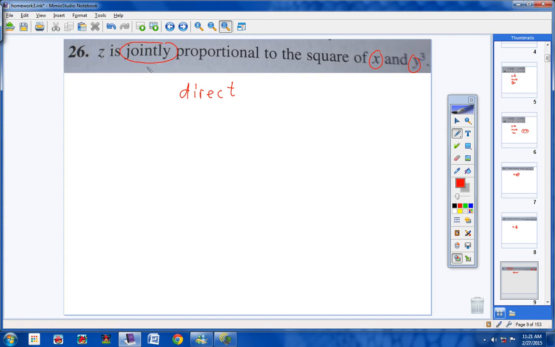Whenever you see joint variation, that means direct variation only. Z is directly proportional to more than one variable. So Z is directly proportional, so I put a k, to the square of x and y cubed. It's that easy, students. It's that simple. Joint proportional means direct proportion, okay?